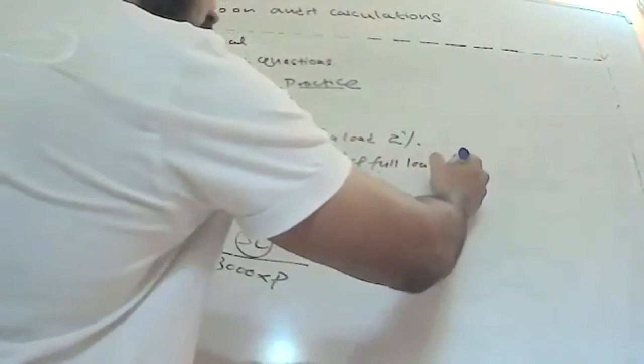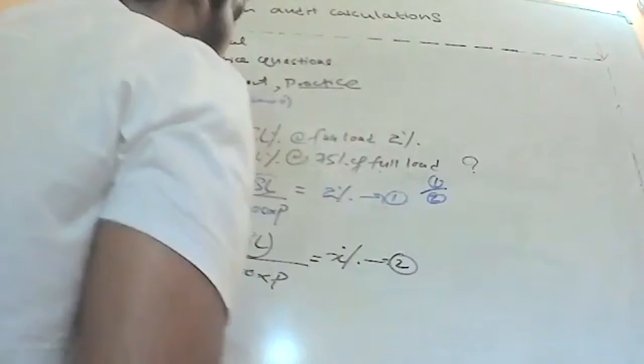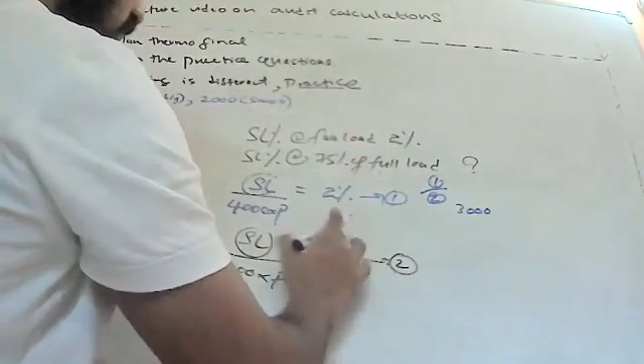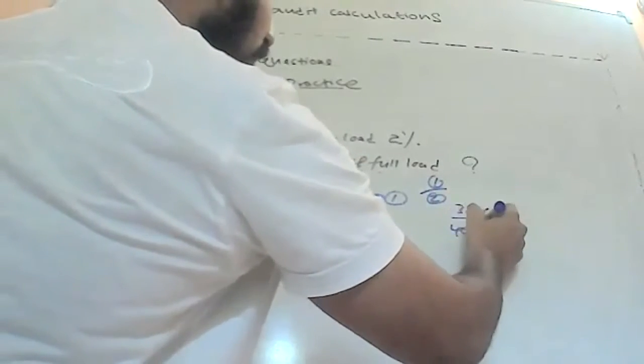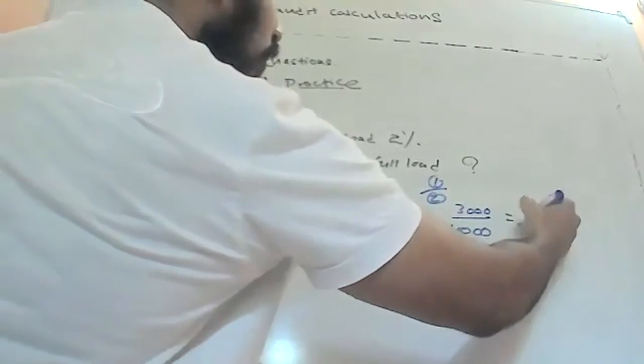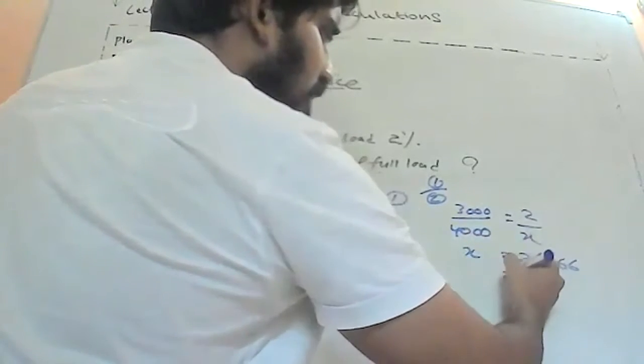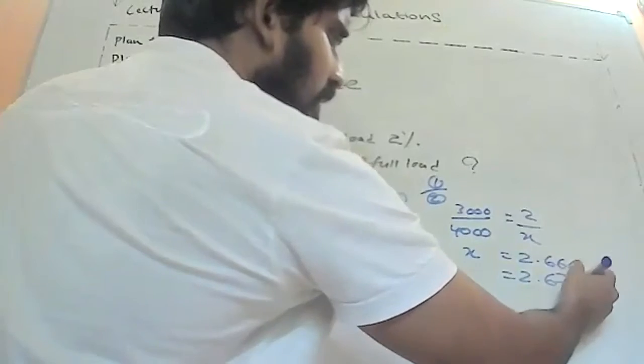So you can very easily simplify that. So you can say first equation divided by second equation. If you divide this by that, it would be 3,000 divided by 4,000 equals 2 by X. So what is the value of X? I think it is 2.666 something. So we can say 2.6%.